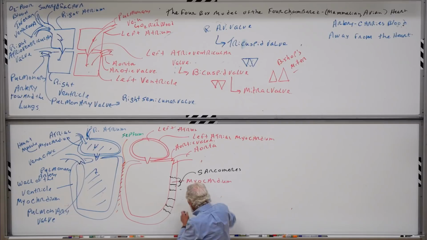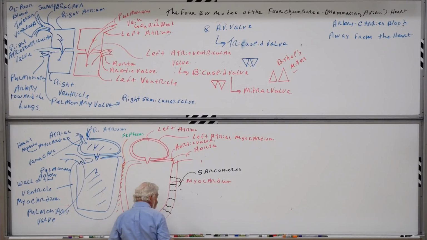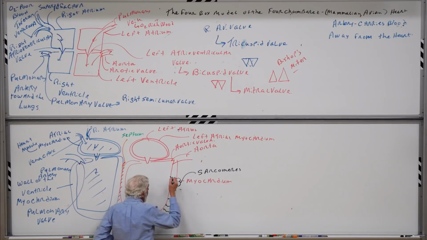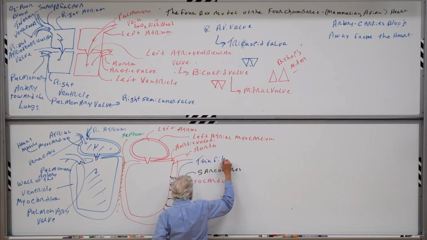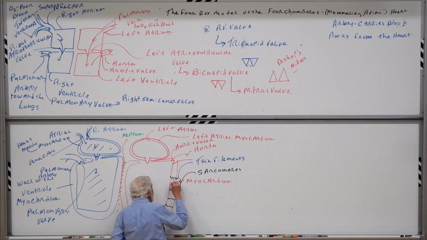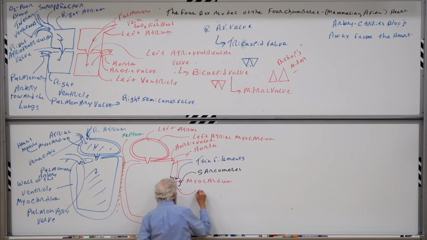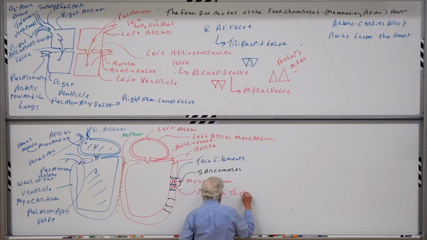But recognize that what we have are typical sarcomeres, and that these sarcomeres obey the same rules as we've described for skeletal muscle. So these are the thin filaments, and those thin filaments contain between them the myosin thick filaments. This is intended to represent the myosin thick filaments.